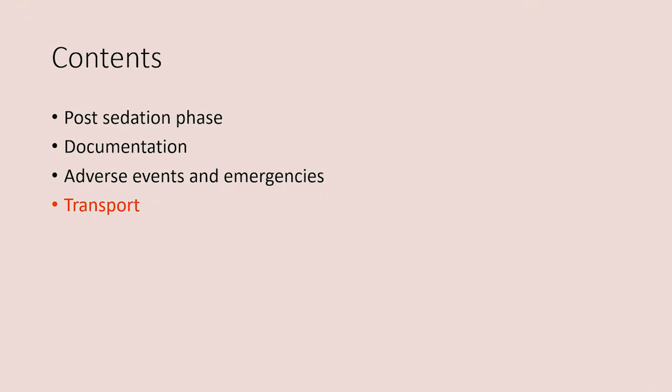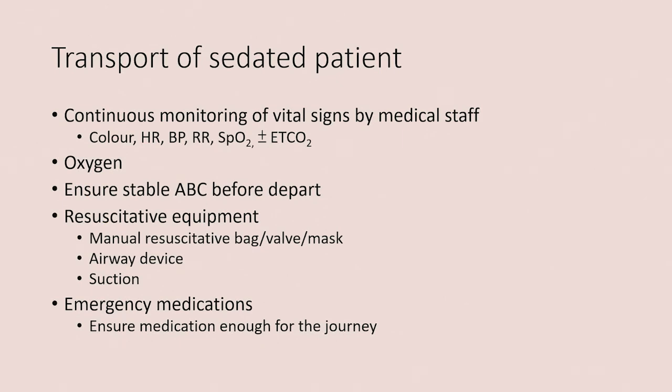So finally, last but not least, we want to talk about transport. During transport, there should be continuous monitoring of vital signs by medical staff, including color, heart rate, blood pressure, respiratory rate, SpO2, plus or minus end-tidal CO2. We must ensure stable airway, breathing, and circulation before departing.